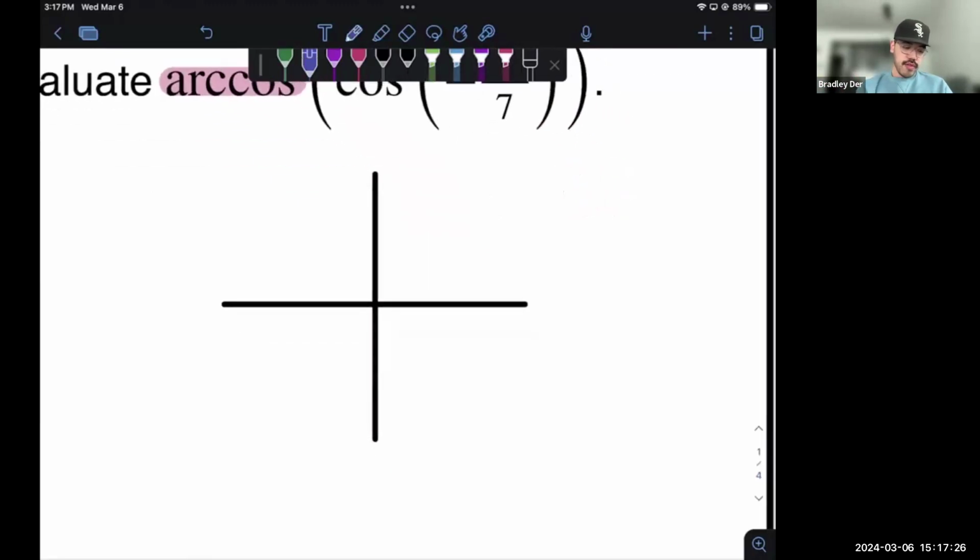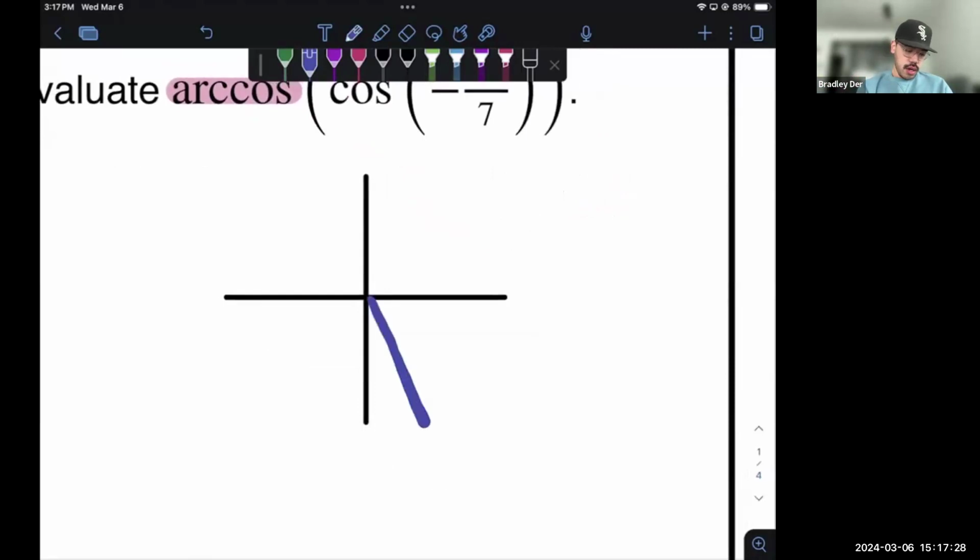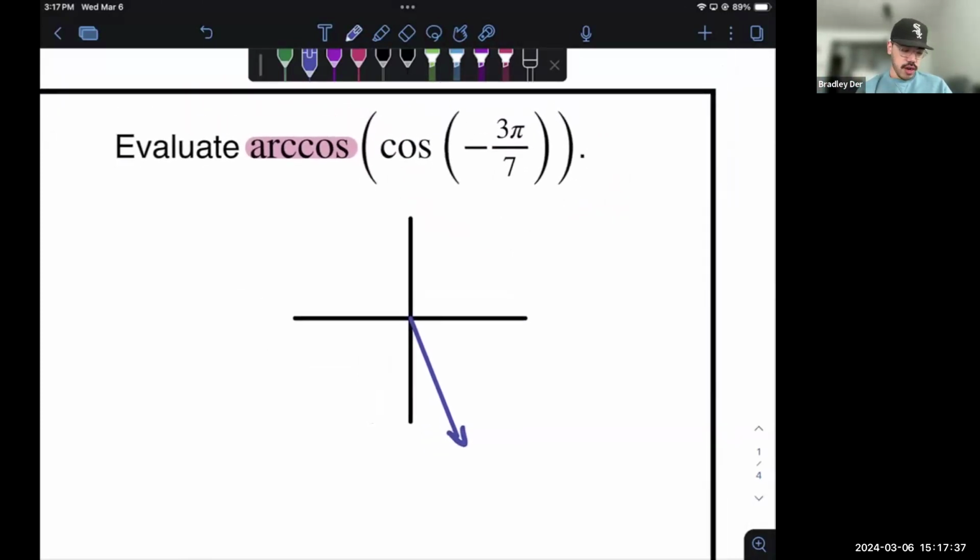negative 3 pi over 7 just to start. Negative 3 pi over 7 is less than pi over 2 in the negative direction, so it would be somewhere in quadrant 4.